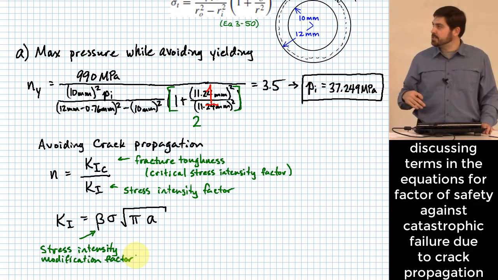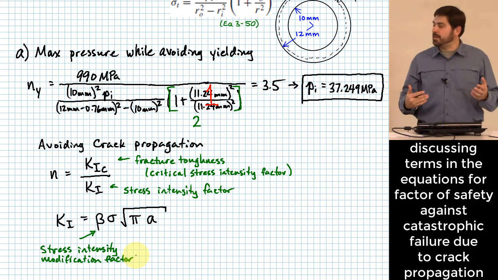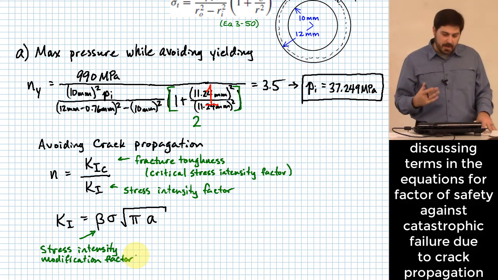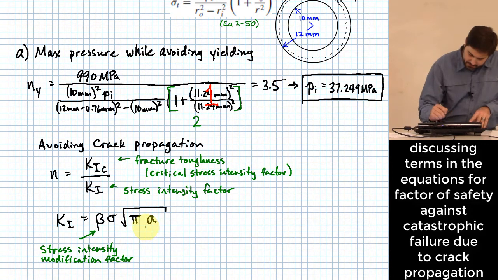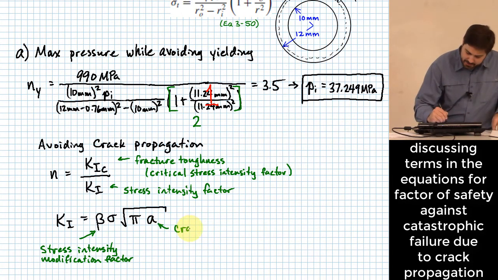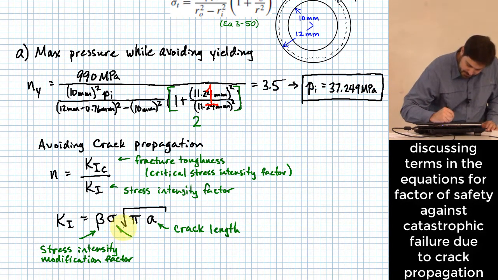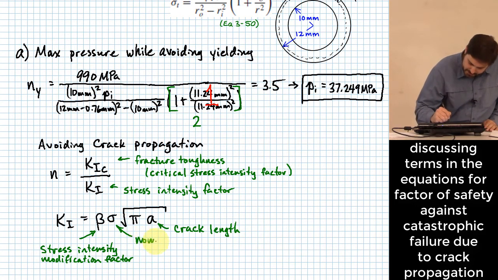They call it the stress intensity modification factor. You would take the nominal stress and multiply by that, as well as multiplying by this other thing, pi times A. Pi is just the number pi, so we don't worry about that. But A is a crack length. Okay, and the sigma there is your nominal stress.